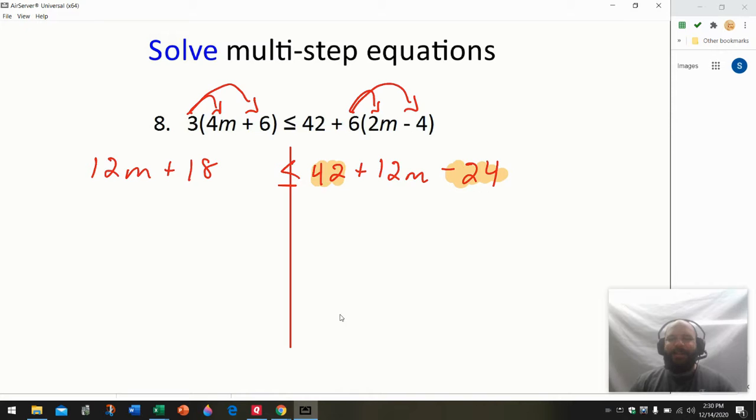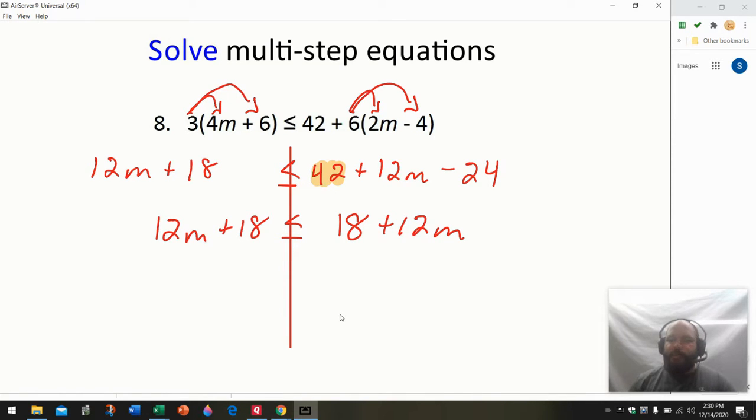Therefore, they need to be combined. So we are going to subtract 42 minus 24. So the left-hand side stays 12m plus 18. The sign says less than or equal to, and then we have 42 minus 24, which gives me 18 plus 12m.